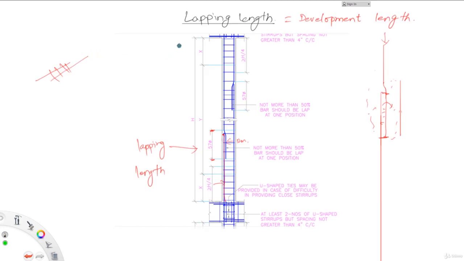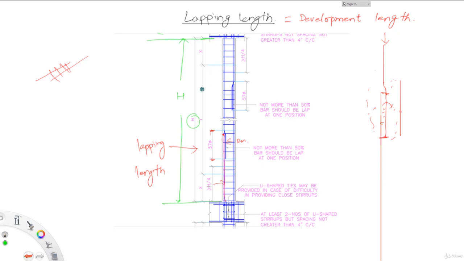If we talk about the column, this is a column, this is my floor slab and this is my roof over here. From here up to here, this is the height of the floor, which has been marked as H. This entire height is divided into 4 equal parts.